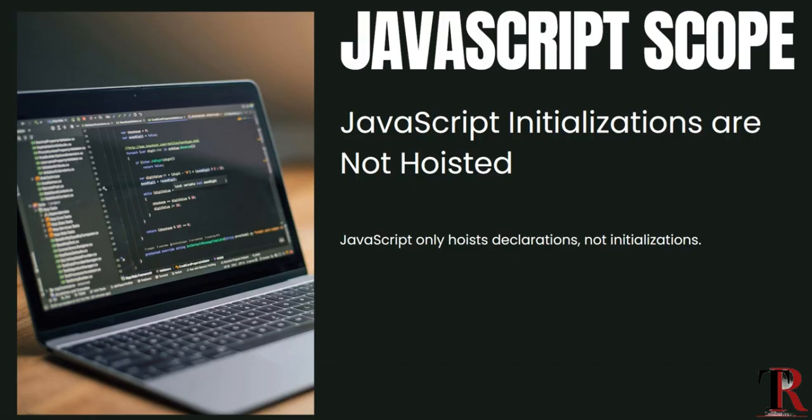And you should always use let and const to avoid hoisting confusion. With var, the behavior of your variable might be inconsistent, but using let and const will allow you to avoid the hoisting confusion, as you just saw in the example.